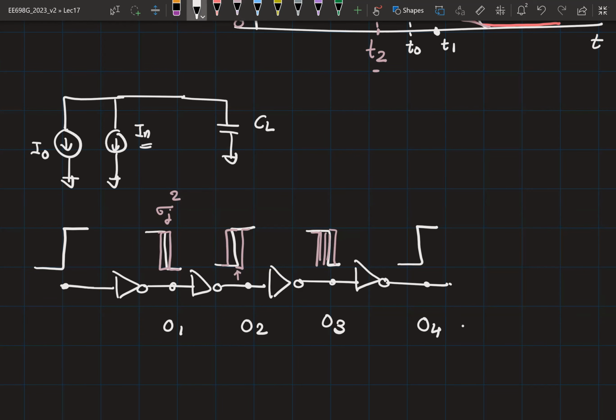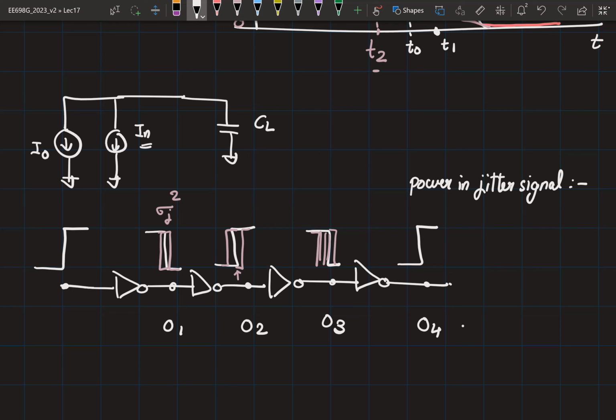So if I'm looking at the nth stage, and if each stage is adding a jitter of RMS sigma, how much would be the jitter present at the nth stage? Let's talk about the phase noise power or the jitter power. If each inverter individually is adding a jitter power given by sigma square, and if all these events are uncorrelated, what would be the power at the nth stage?